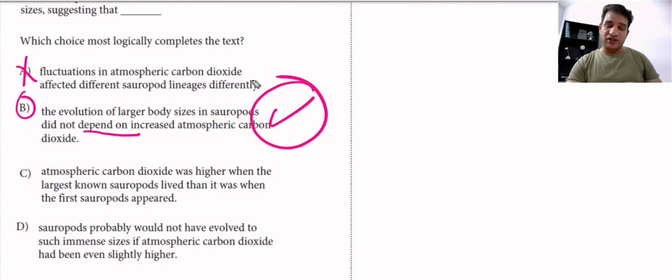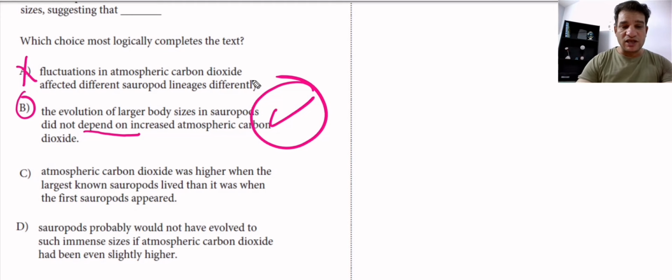Anyway, we're going to continue reading the other two answer choices just to make sure that B is the correct answer. C says atmospheric carbon dioxide was higher when the largest known sauropods lived than it was when the first sauropod appeared. For sure, the text says there is no connection, or that carbon dioxide doesn't appear to have increased during any of those periods, so this is not correct.